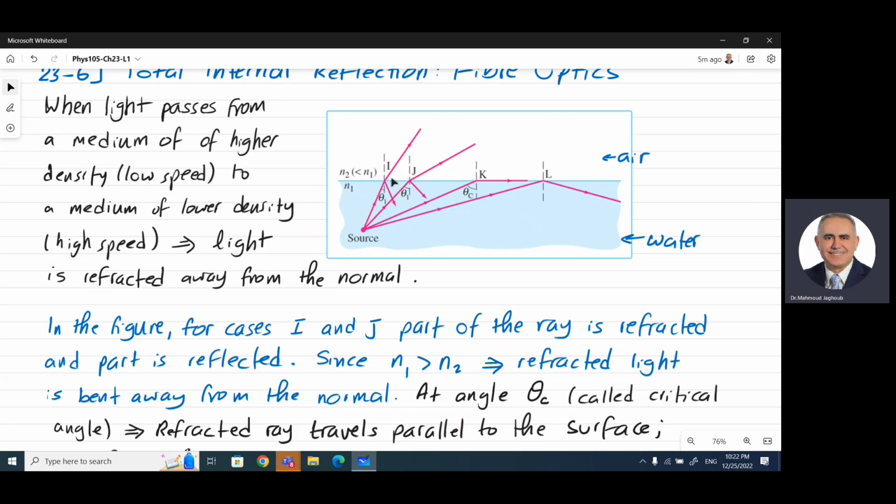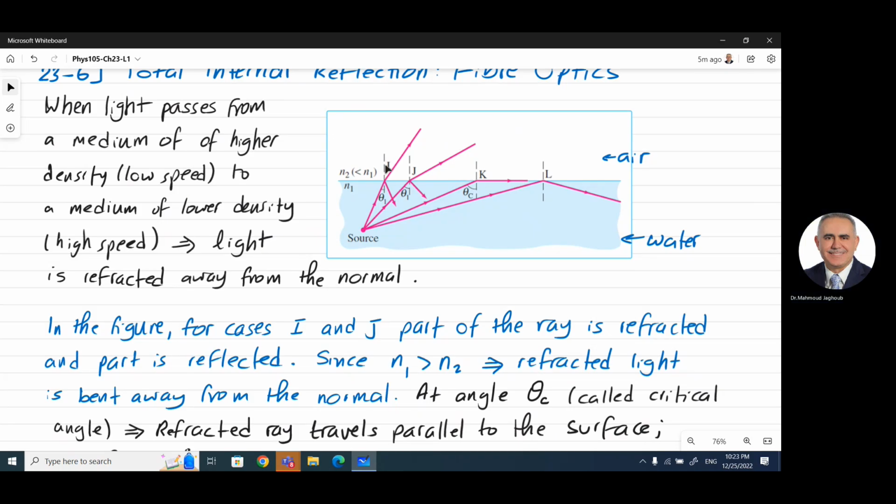And keep on increasing theta 1. Notice we went from I to J, we increased theta 1. So if you keep on increasing theta 1, the angle of incidence, its deviation away from the normal increases. Okay? It keeps bending more until you get to an angle we call theta critical, the critical angle. At this angle the refracted ray will be parallel to the surface.